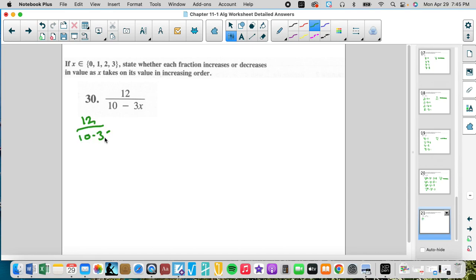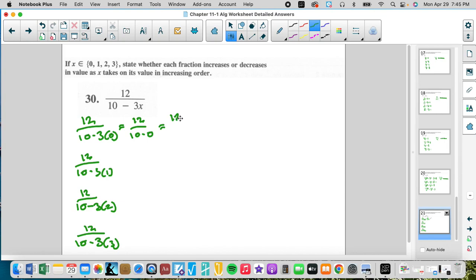12 over 10 minus 3 times 0, 12 over 10 minus 3 times 1, 12 over 10 minus 3 times 2, and 12 over 10 minus 3 times 3. This is 12/10 minus 0, which is 12/10, which equals 6/5, which equals 1 1/5.